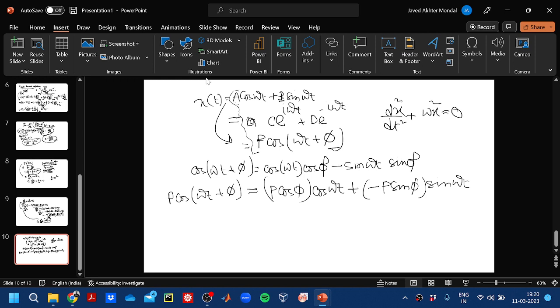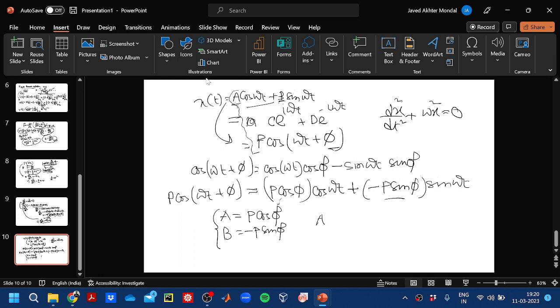So we want to find the relation of a and b with p and phi. If we compare this equation with the earlier one, then we get a equal to p cosine phi and b equal to minus p sine phi. From these two equations, we can find the value of p.